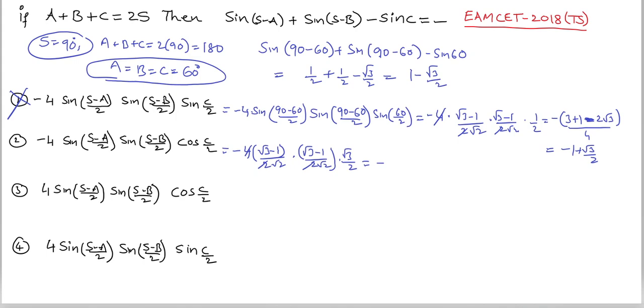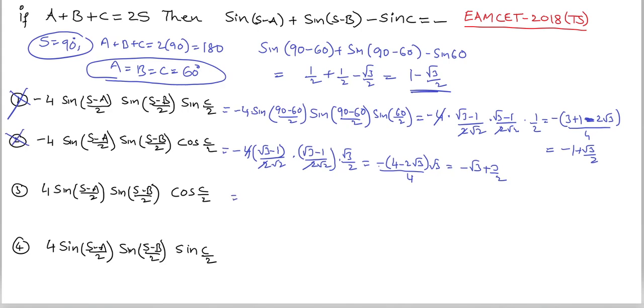That is minus (root 3 minus 1) into (root 3 minus 1), that is 4 minus 2 root 3 by root 2 into root 2, that is 2 into 2 is 4, into root 3. That is equal to minus 4 root 3 by 4, that is minus root 3 plus 2 root 3 into root 3, that is 2 into 3 is 6 by 4, that is 3 by 2. This is also not equal to this value. The second option is also wrong.